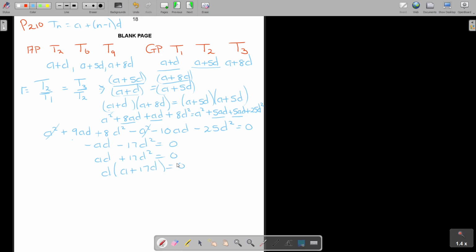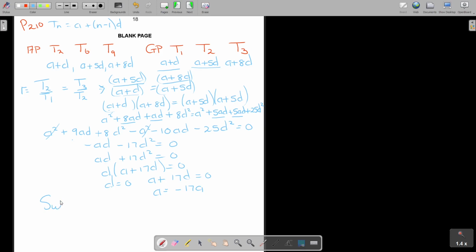And then I'm getting D is equal to 0, or A plus 17D is equal to 0. So I can get that A is equal to negative 17D. Okay, I just want to get that in. Now, D is equal to 0 is not going to work.